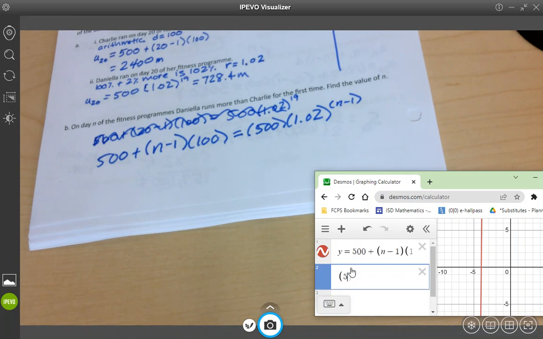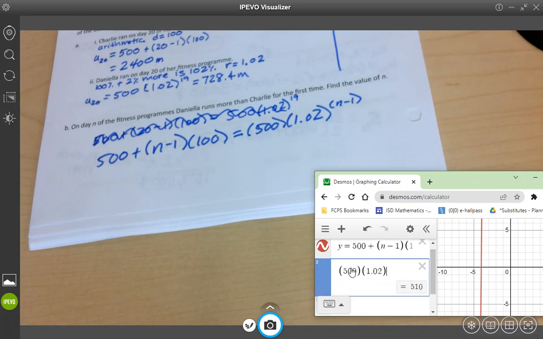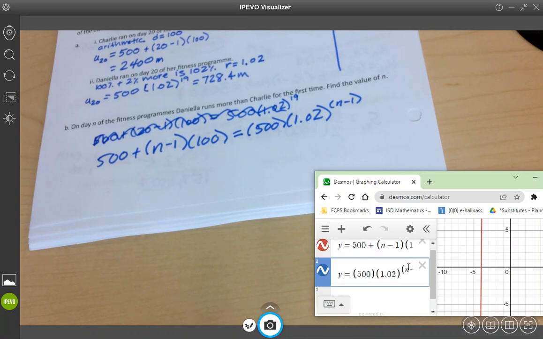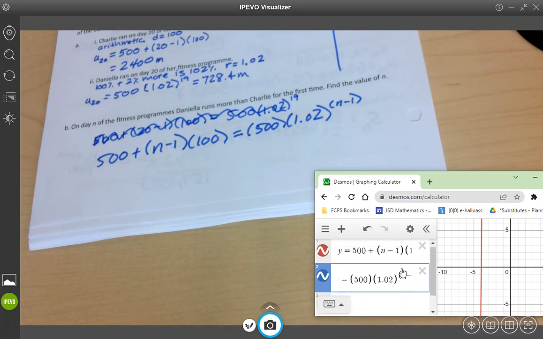And 500 times 1.02, and then raised to the n minus 1. Okay, now when you look at your Desmos, oh, I forgot the y equals. It's not going to look like much. Oh, use x.